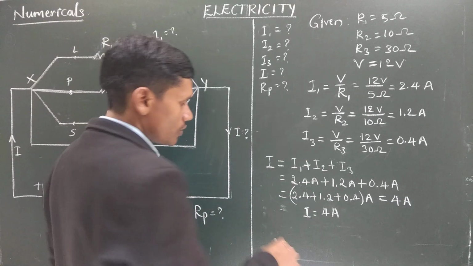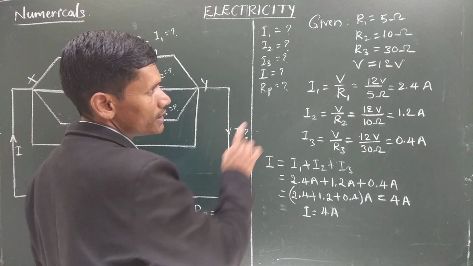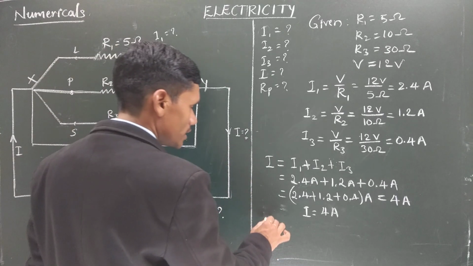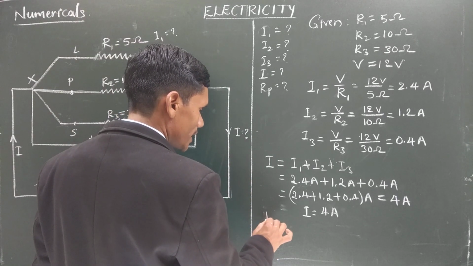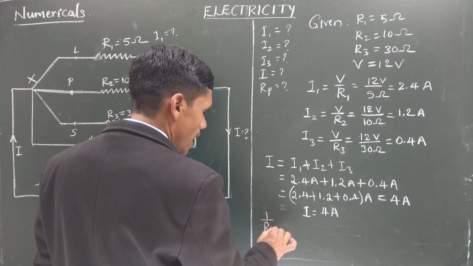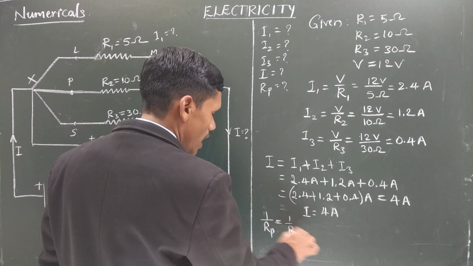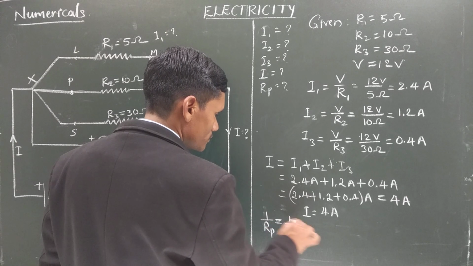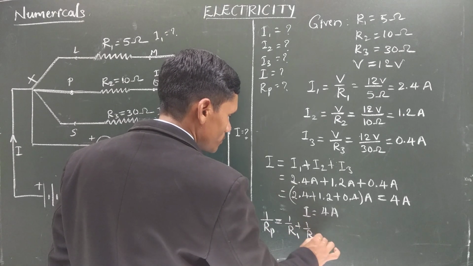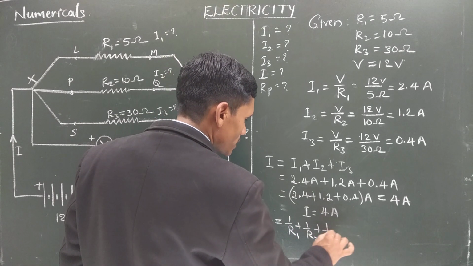Now coming to these resistances in parallel, we are supposed to calculate the equivalent resistance like this: 1 by Rp is equal to 1 by R1 plus 1 by R2 plus 1 by R3.